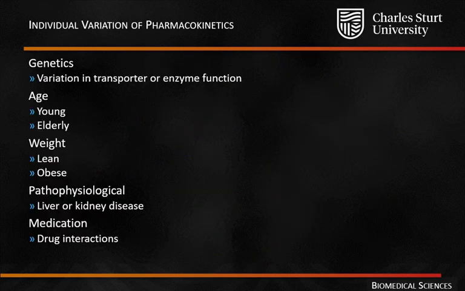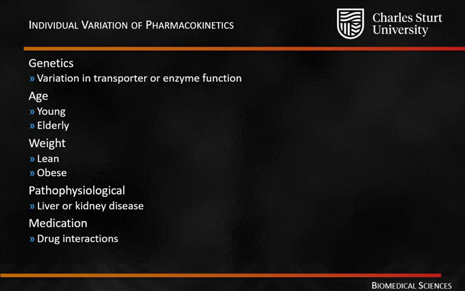And finally, we'll look at various different aspects that can be influenced by individual variation. So every patient that you'll see will respond differently to drugs and will have different processes or variations in the processes. So genetics is one area where there will be a lot of variation introduced into the pharmacokinetic profile of a drug in a patient.